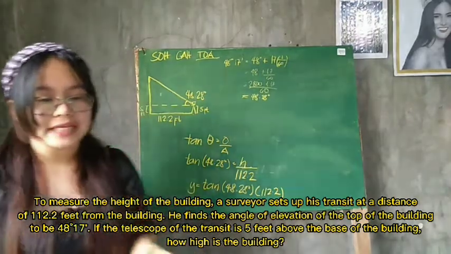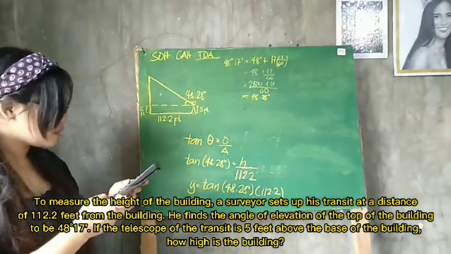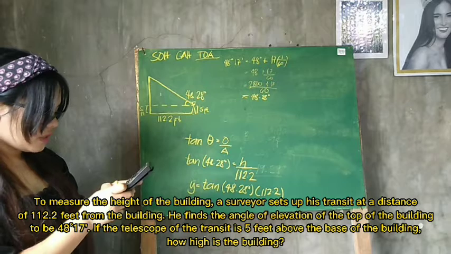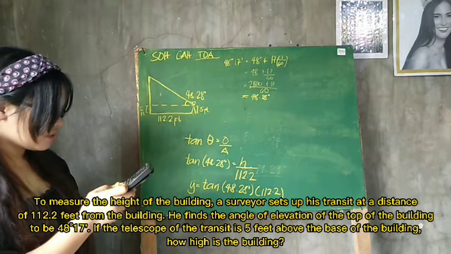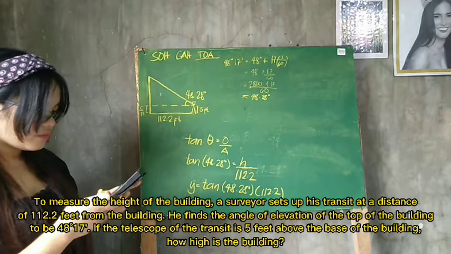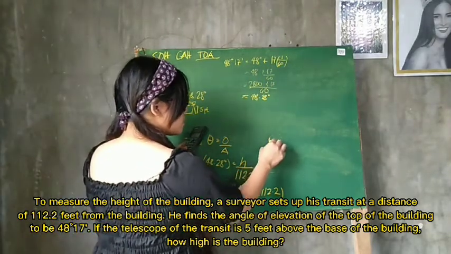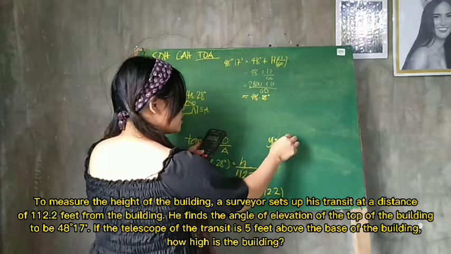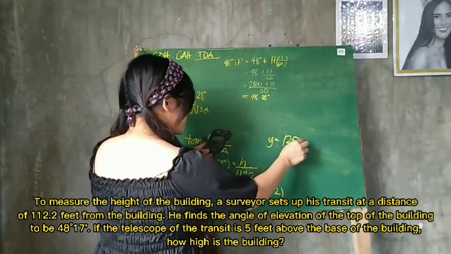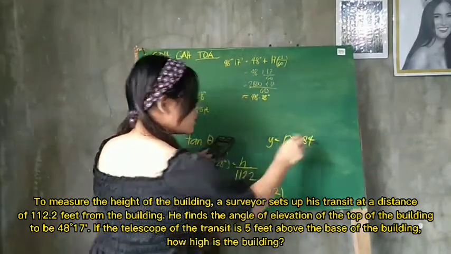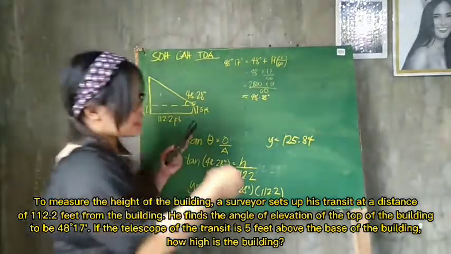So if you multiply them, you will get y equal to 125.84 feet.